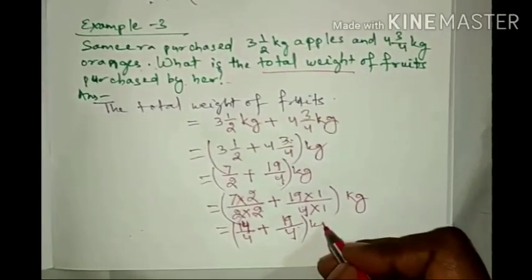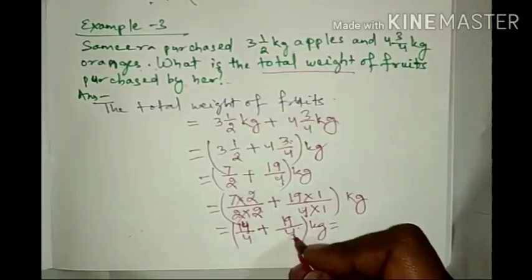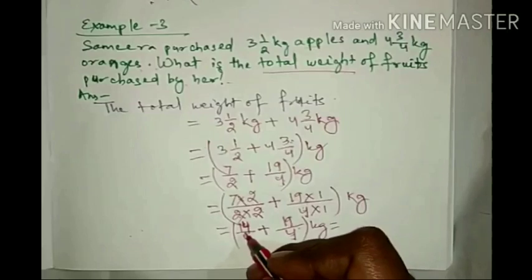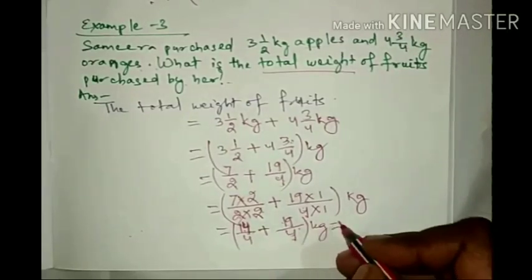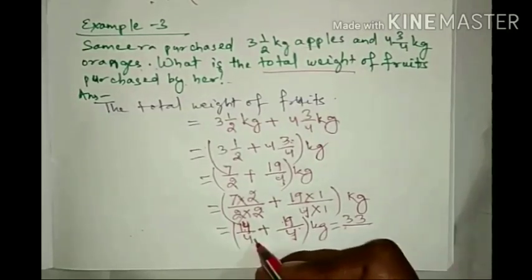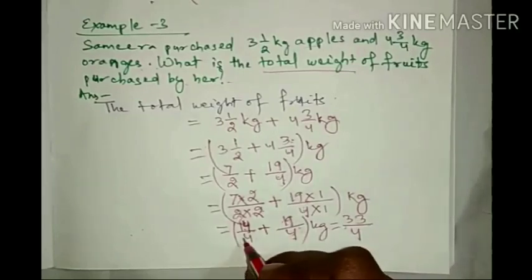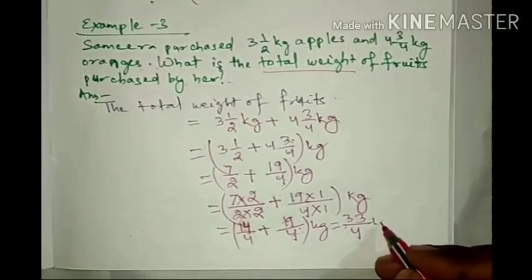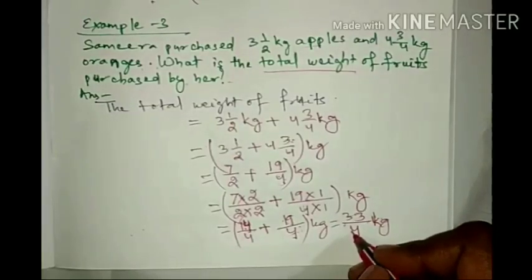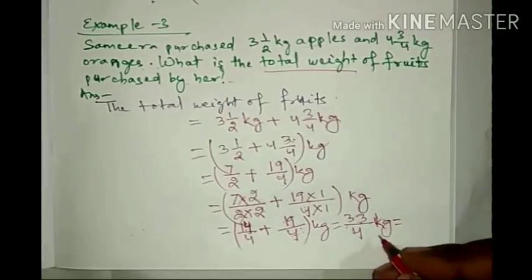Now we can add. If there are like fractions, if the denominator is equal, then you can add the numerators. So 14 plus 19 equals 33, and you have to write the same denominator. Don't add the denominators. Write the same denominator, kg. So 33/4 kg is the total weight, and we have to convert it into mixed fraction again.